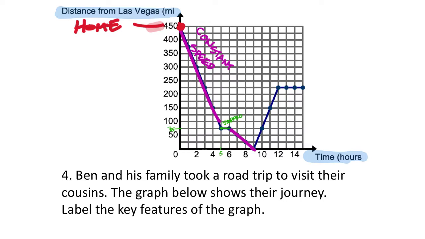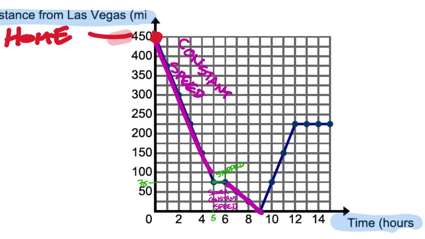So right here, it's a constant speed, but it's a little slower. That's a slower constant speed. I know that's small writing, but hopefully it works. Maybe this helps.